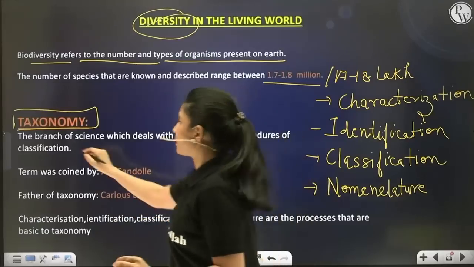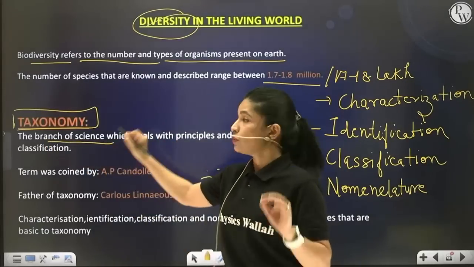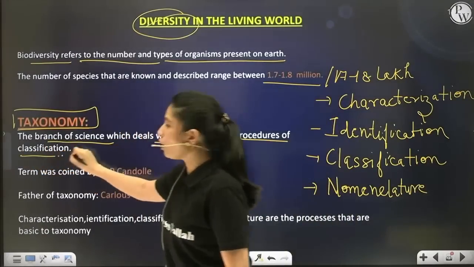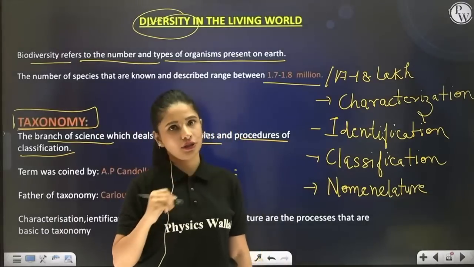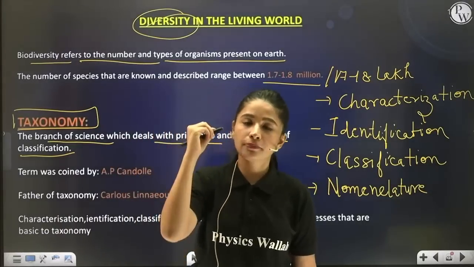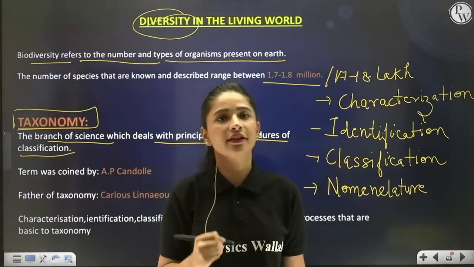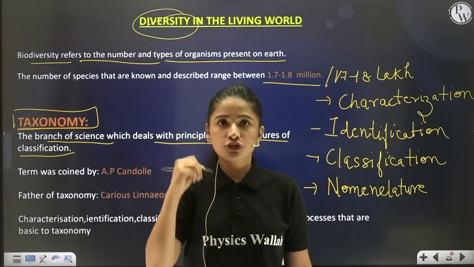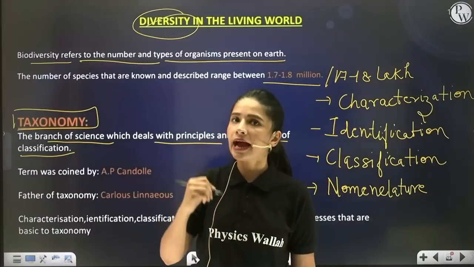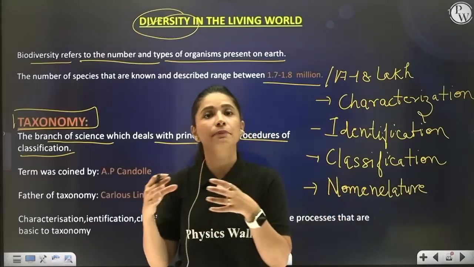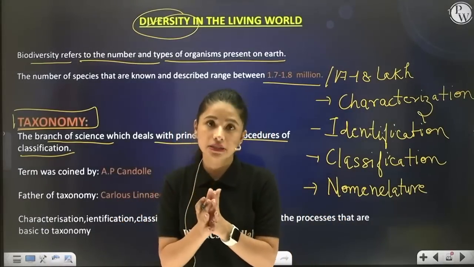Taxonomy is the branch of science which deals with the principles and procedures of classification. Once again, I am repeating, repeat along with me, learn this right now, very, very important. So, taxonomy is that branch of science which deals with the principles and procedures of classification.